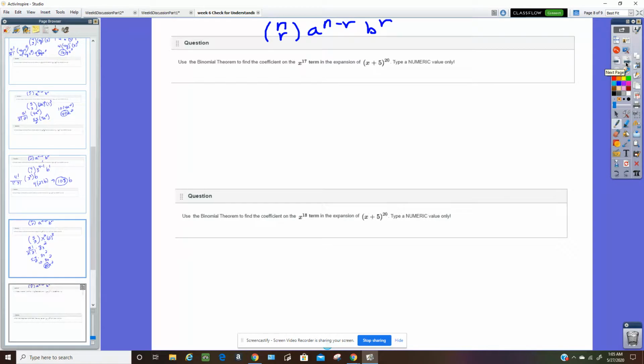And then I'm just going to do one of these. So x to the 17th would be, my n is 20. And then how do I get a 17 here? It would be 20 minus 3. So r would be 3.